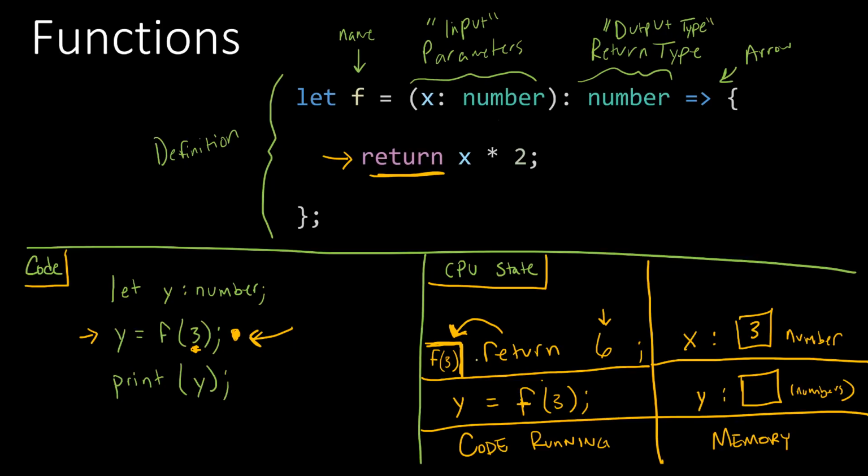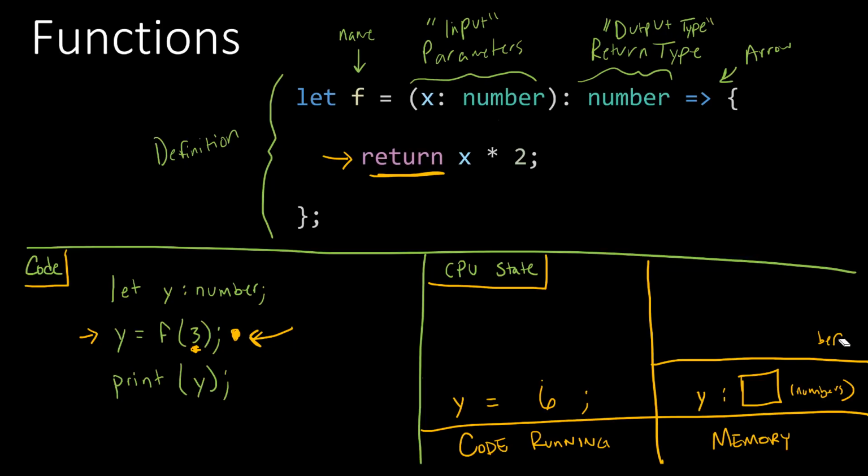So it's 6. So we are going to replace this f of 3 call with a value of 6, and then we're going to effectively forget that we were ever inside of that function call f. We get rid of its variables and we stop running that line of code, and we return back to where we were in our code previously. We return back to our bookmark.